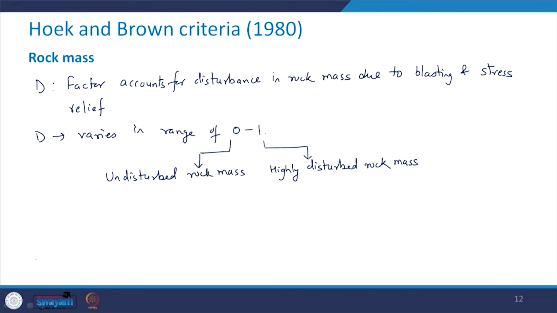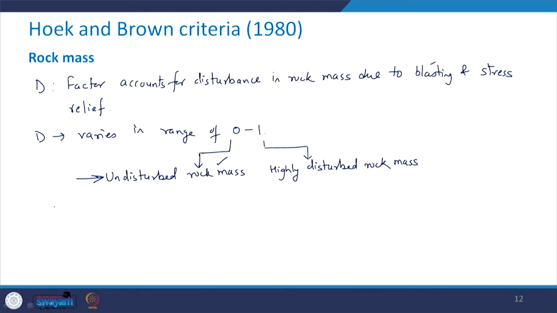So basically, undisturbed rock mass means there is no disturbance because of blasting, or there is no stress relief because of the excavation phenomena. So, this is a kind of undisturbed situation.